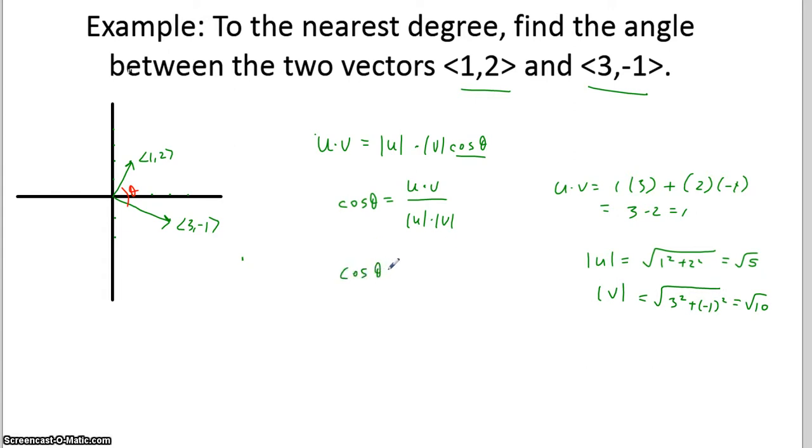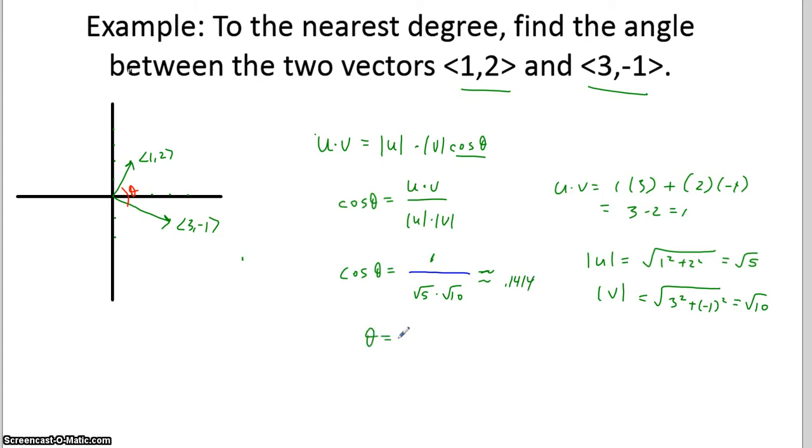Cosine of theta, we have all the pieces. The dot product is 1, and then these magnitudes multiply in the denominator, square root of 5 times square root of 10. If you put that in your calculator, you get approximately 0.1414, which would be the cosine of the angle in between them.